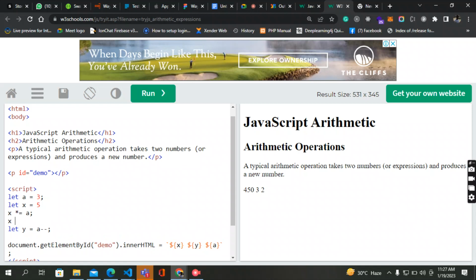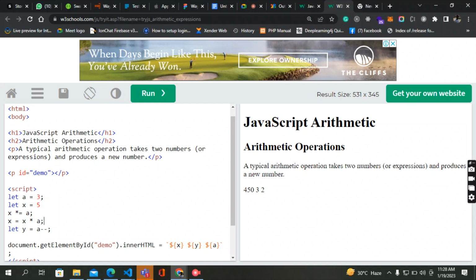So this is a shorthand. So what we are trying to do, the interpretation, is like this: x equals x multiplied by a. This is the interpretation of what we are doing.